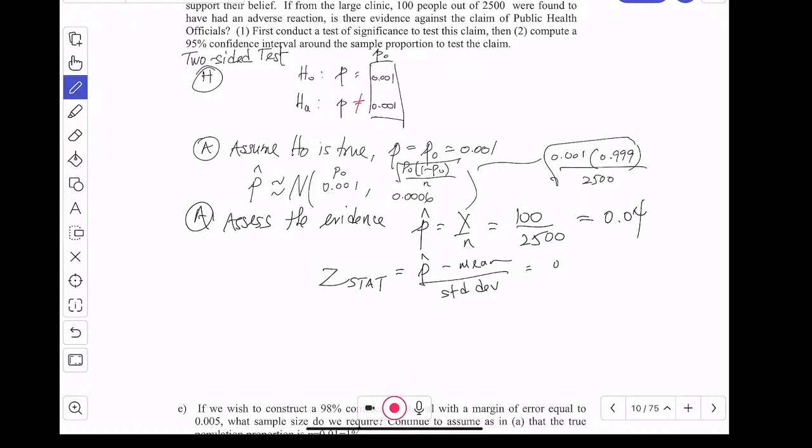Assess the evidence means standardize it. So it's 0.04 minus 0.001 divided by 0.0006. So this is huge, 65 standard deviations above. So what does that mean?